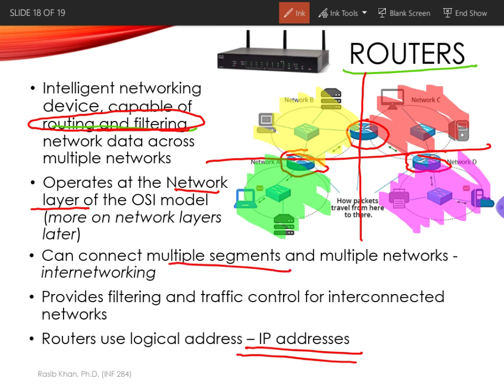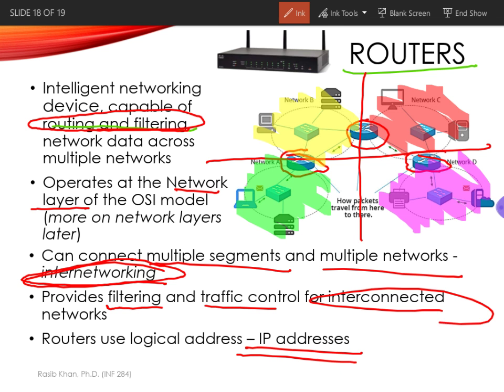It can connect multiple segments, multiple networks, something that we call internetworking. That is the connection between smaller networks and larger networks. And additionally, the concept of filtering and traffic control for interconnected networks.